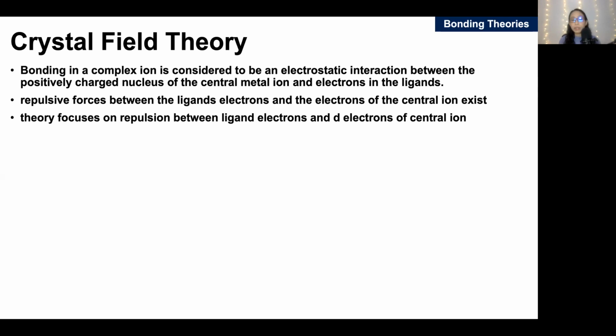So the crystal field theory revolves around this idea that there are repulsive forces between your central metal ion and your ligands. In particular, it focuses on the d electrons of your central metal ion, so the electrons found in the outermost d orbital of your central metal ion.